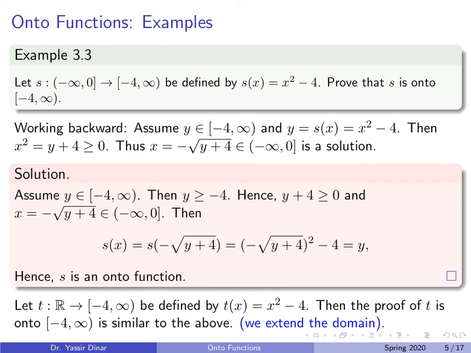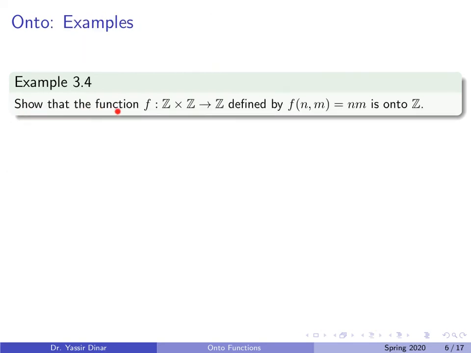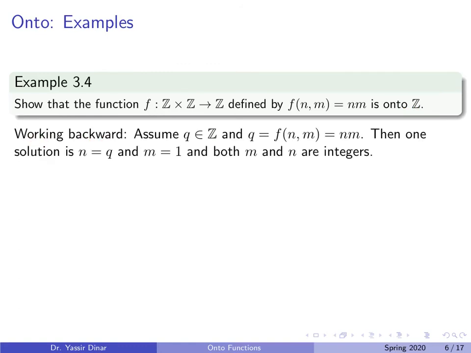The next example, we take a function f from the cross product of the integers to the integers, defined by f of any pair n and m in the domain is equal to the product of the two elements, n m. We want to show that this function is onto Z. Working backward, we assume q is an integer, and this q is the image of the pair n m, which by definition is equal to n multiplied by m.